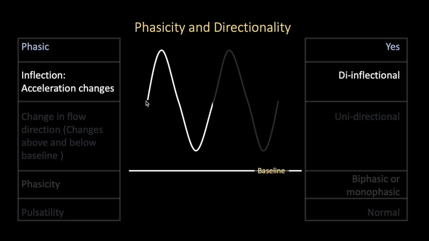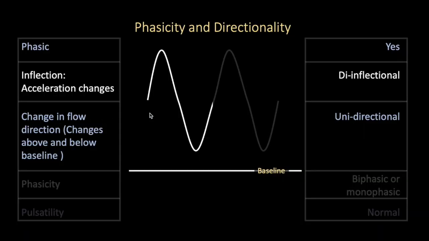So we look at one cycle, we can see this has 1 inflection and then a second inflection here, and so this would be di-inflectional. Now, when we talk about the change in flow direction, we can see that this is still always above the baseline, so this would be referred to as unidirectional. So it would be di-inflectional, unidirectional.